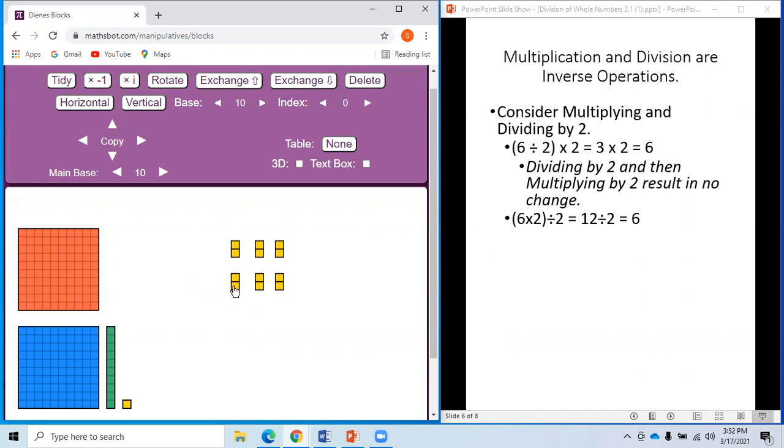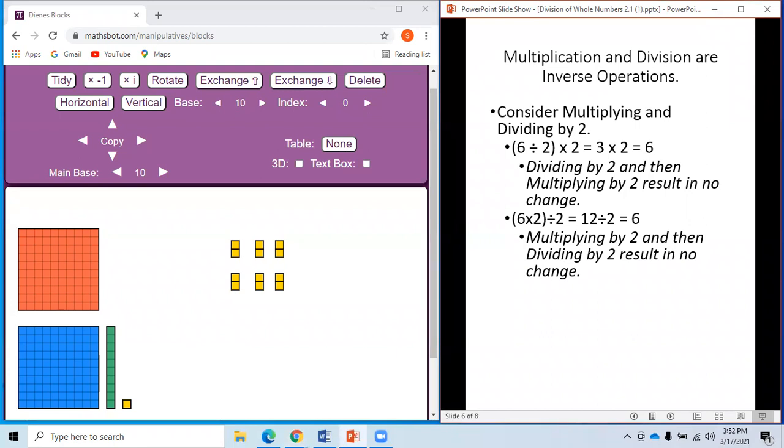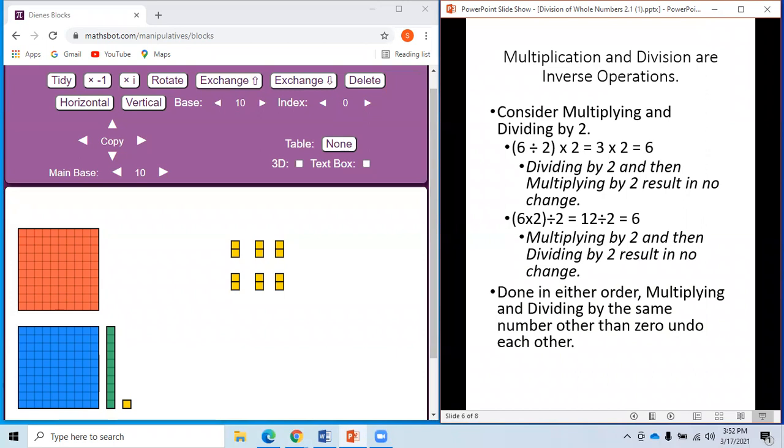And I can see that I have 6 groups of 2. So 12 divided by 2 is equal to 6. Multiplying by 2 and then dividing by 2 result in no change. Done in either order, multiplying and dividing by the same number other than 0 undo each other.